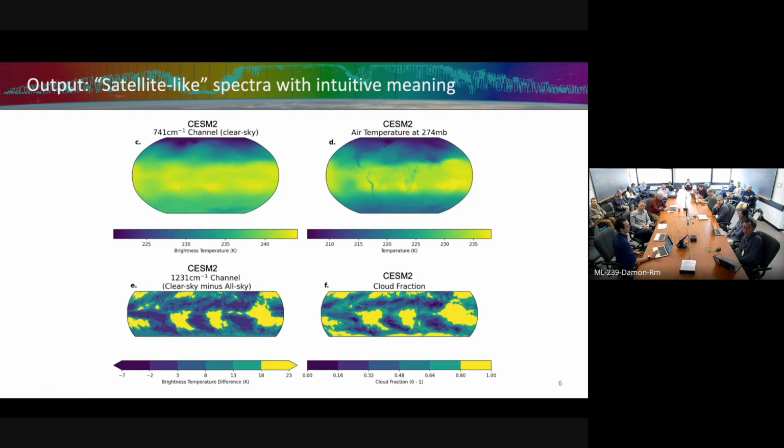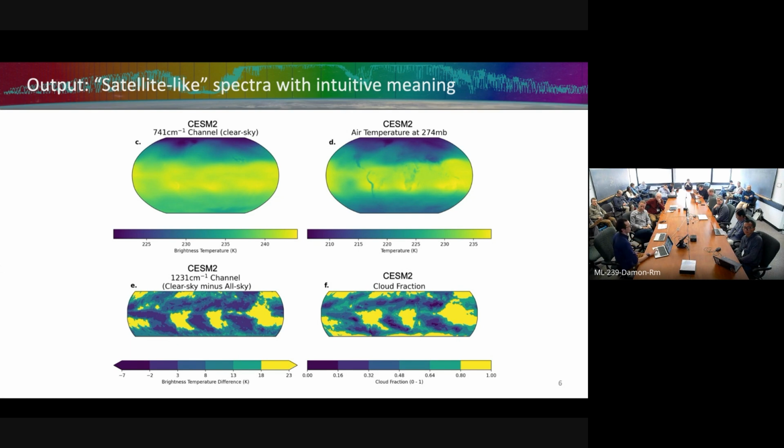Of course, we can look at things that aren't surface temperature. We can think about a field that samples the upper troposphere and compare it with CSM2. We don't get a 1-to-1 comparison here because this isn't a temperature retrieval. But the idea is that the actual variance in the modeled field is contained in the satellite-like field that we're now emulating.